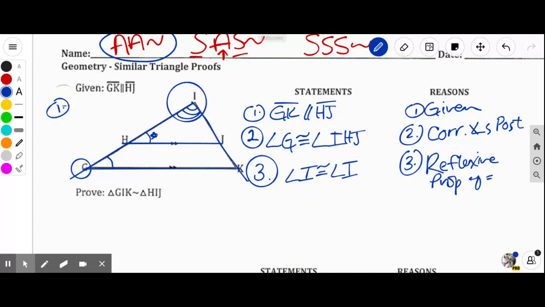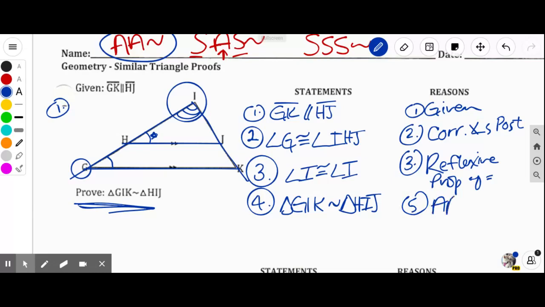What we're being asked to prove here is just that the two triangles are similar, so we've accomplished that. Now I'm going to list triangle GIK is similar to triangle HIJ, and all you have to write here is just angle-angle, with a little similarity symbol. So that's the first one, pretty straightforward.